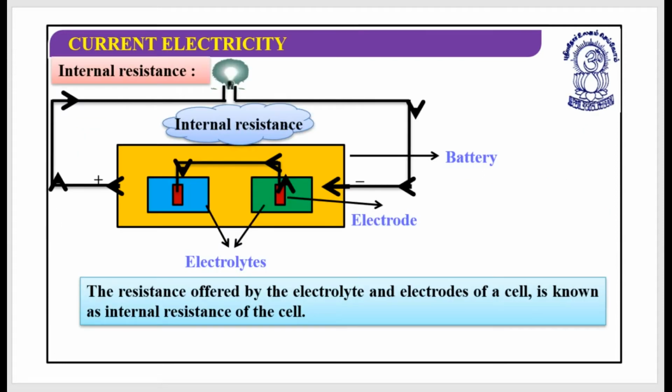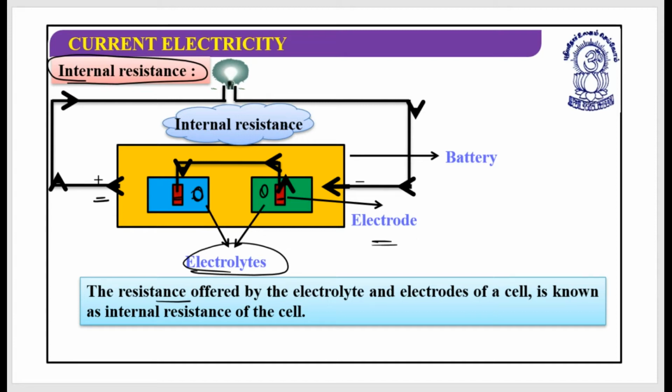Let's look at one very important parameter of an electric cell: the internal resistance. Now what is internal resistance? This is the first terminal, this is the second terminal, and this is the electrolyte, and these two are the electrodes. When the circuit has been connected, a certain resistance is offered by the electrolyte and electrodes of a cell.